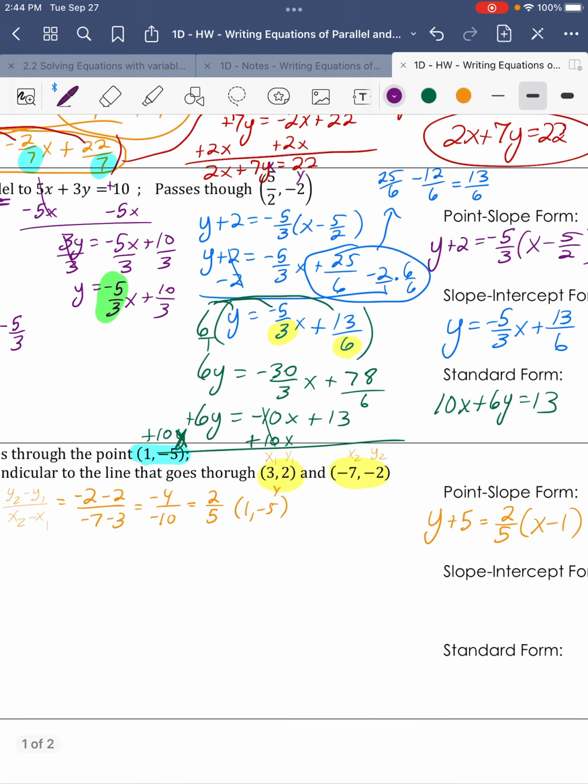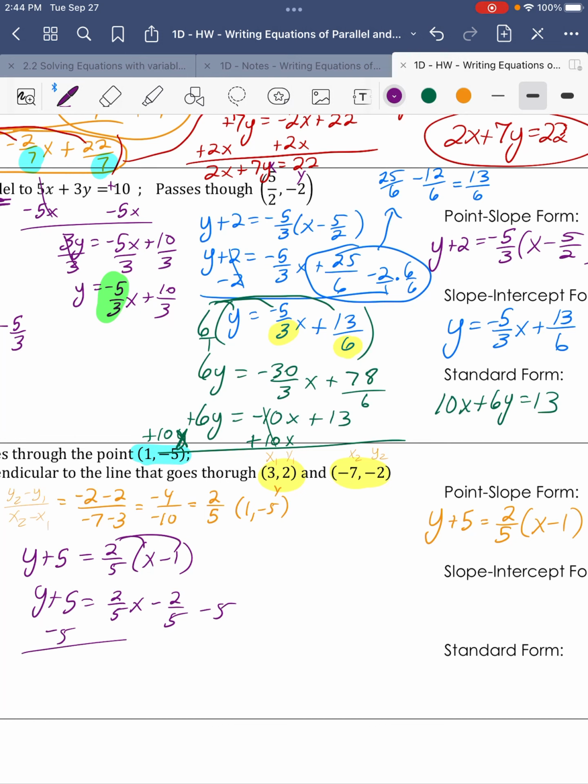Slope intercept form, we need to change that, so we need to get rid of the parentheses, so we're distributing. And then we need to subtract 5. At very least, do this in Desmos.